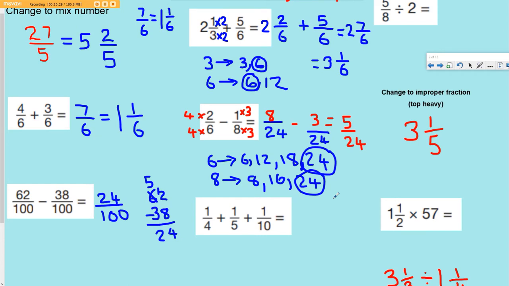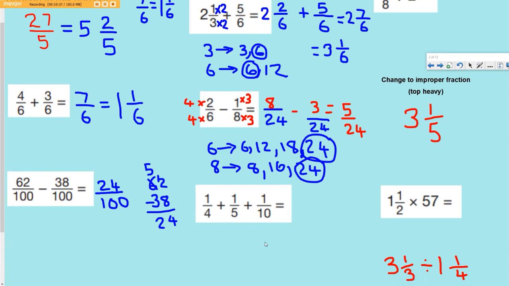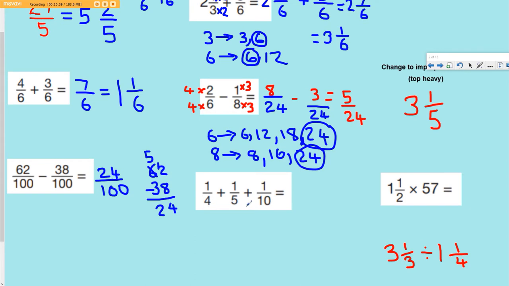Okay. Now here now, we have got this bit now where we want to find the lowest common denominator again. So we could do a 4 times table, okay, or a 5 times table, and also our 10 times table.